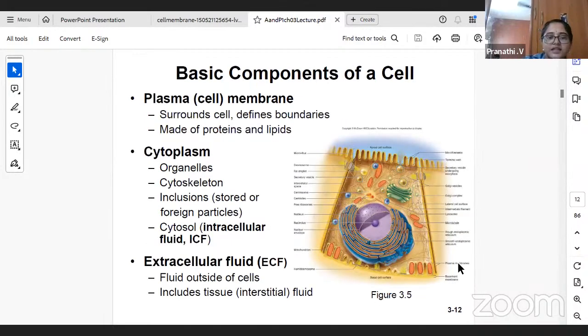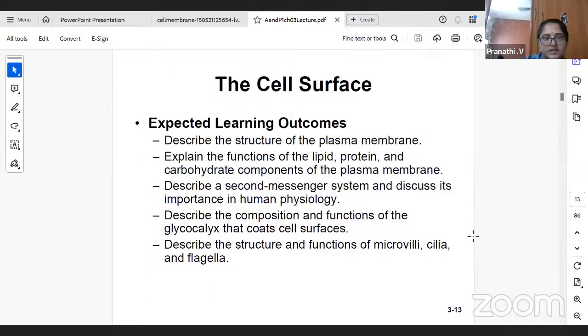And when it comes to the extracellular fluid, the cell is present in a liquid medium. So that is your extracellular fluid. And you also have in between the tissues, the interstitial fluid that is present.